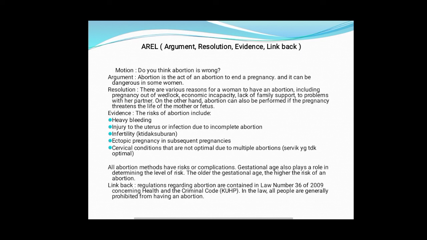All abortion methods have risk of complications. Gestational age also plays a role in determining the level of risk. The older the gestational age, the higher the risk of an abortion.